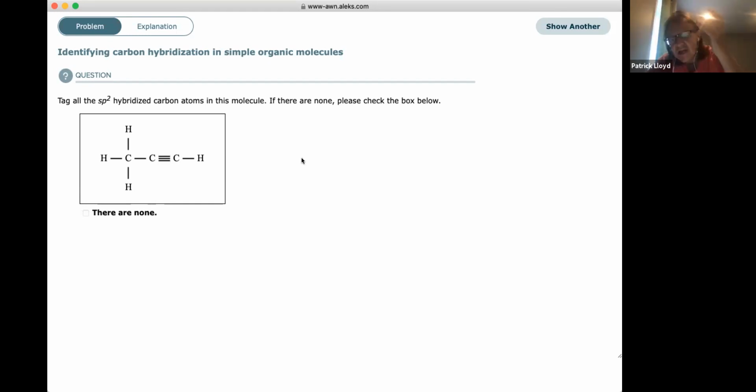I would recommend remembering this: linear is sp, trigonal planar is sp2, and tetrahedral is sp3. Furthermore, remind yourself AX2 is the one that gives you linear, AX3 is the one that gives you trigonal planar, and AX4 is the one that gives you tetrahedral.